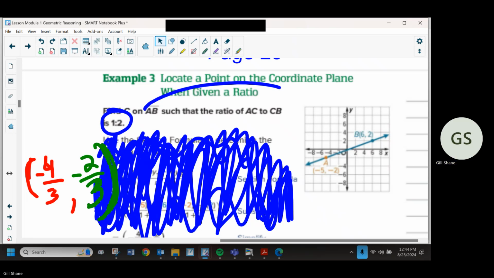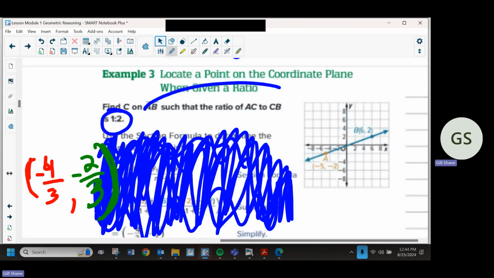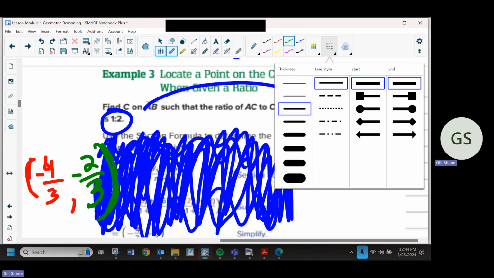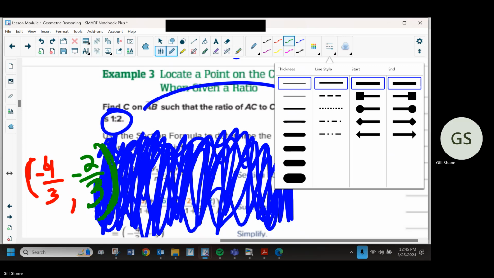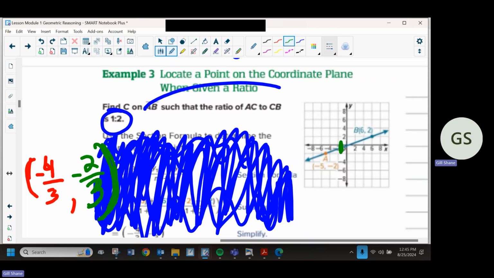-4/3 would be somewhere right in the, why did that not, somewhere right in there on the x-axis, somewhere where that green line is.